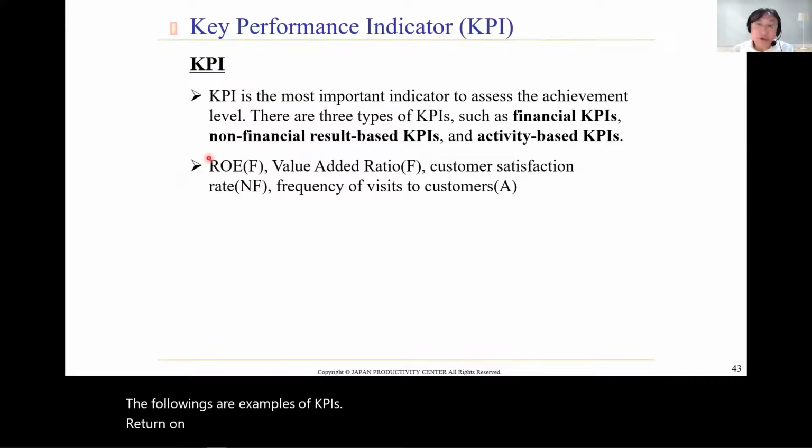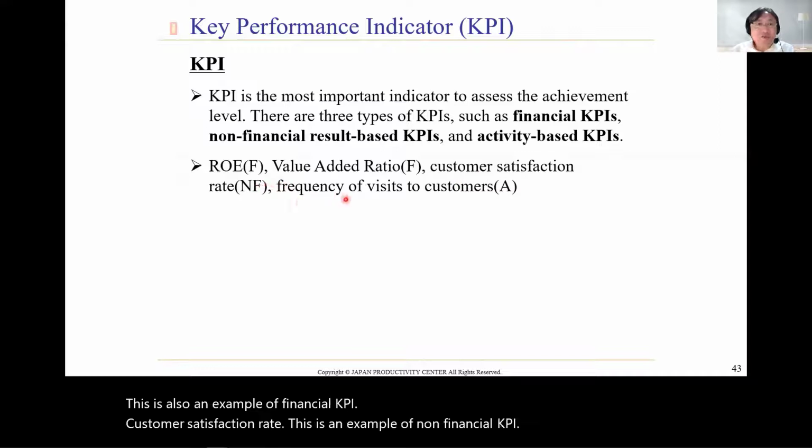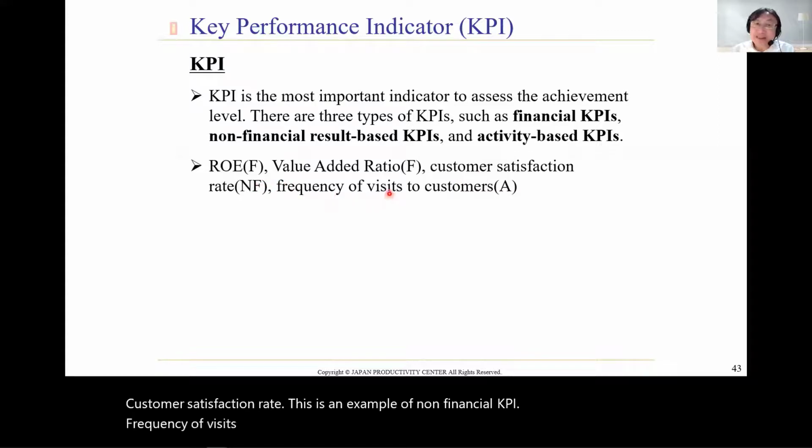This is an example of a financial KPI. Value added ratio. This is also an example of financial KPI. Customer satisfaction rate. This is an example of non-financial KPI. Frequency of visits to customers. This is an example of an activity-based KPI.